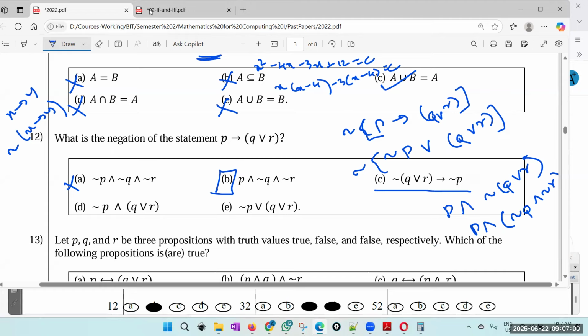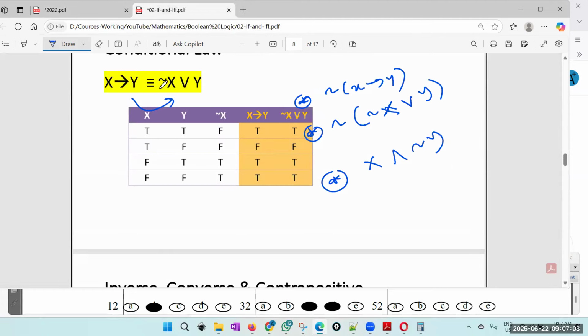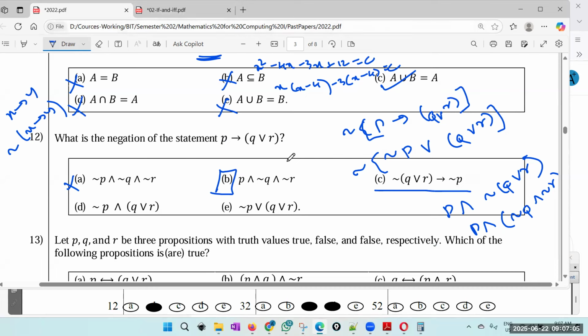So then equivalent statement means X implies Y means not X or Y. So that is not P or Q or R. So is it equivalent to this one? Not (Q or R). So you need to convert this also into this format and see whether those two are equivalent.